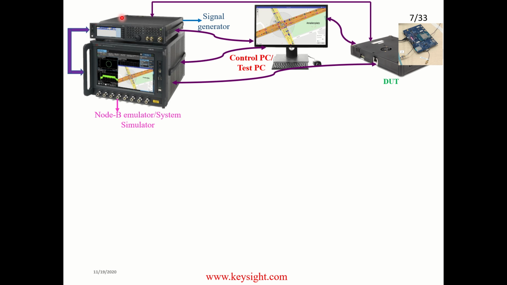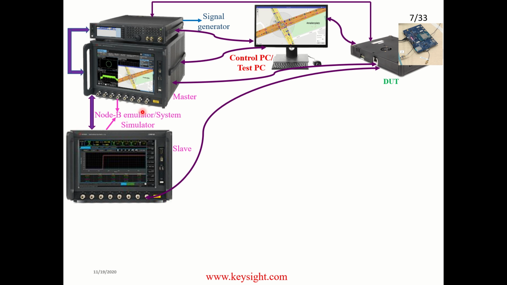But if you are testing MIMO, here 8 ports are available, but some ports might be reserved for other purposes. If you are testing 4x4 MIMO, we need an additional network emulator. You can see master and slave.